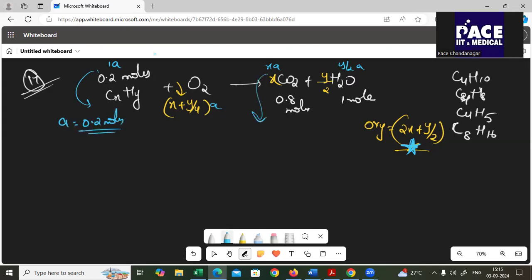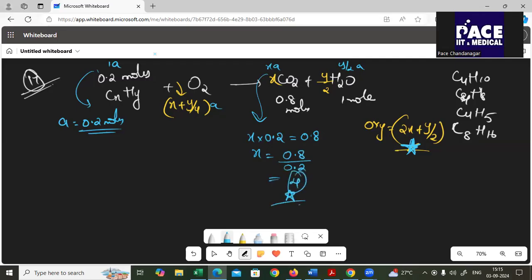And here is my xa, which means x times 0.2 is equal to 0.8 moles. So x I'm getting as 0.8 by 0.2, which is 4. So 4 is what I have in the options.